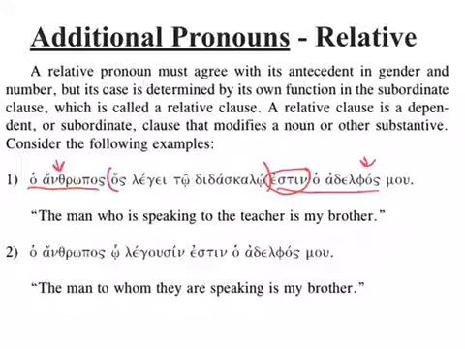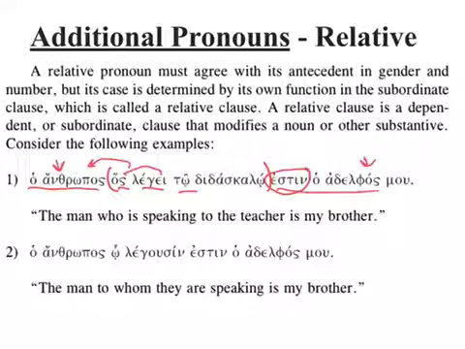Well, the relative is basically going to be describing generally what comes before, which in this case would be the man. So the man, what man? The one who's speaking to the teacher. Hos would be who, lege, he speaks to the teacher. So really the lege is finding its subject in the relative pronoun.